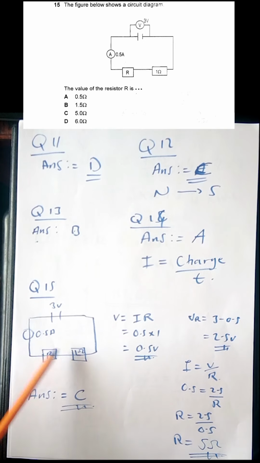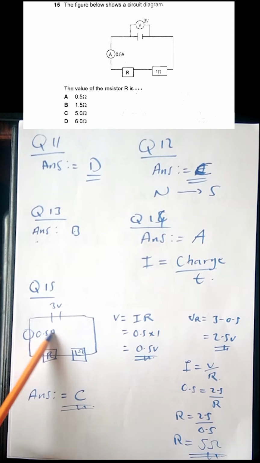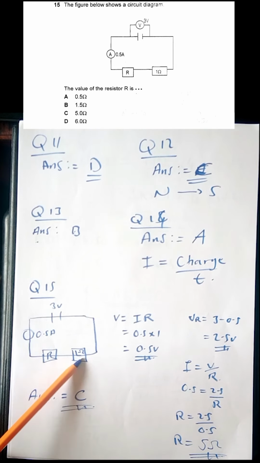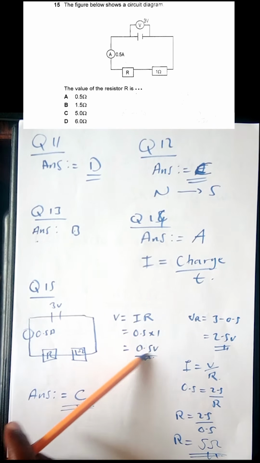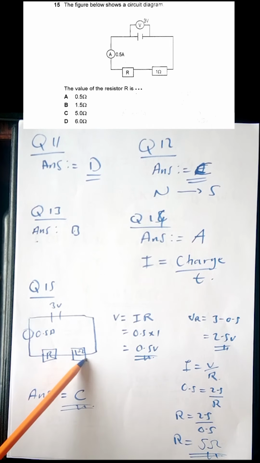These are in series connection, so they both have a 0.5 amps current. So voltage will be I times R, 0.5 times 1, which is 0.5 volts.